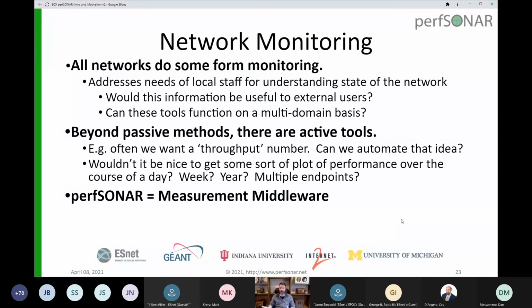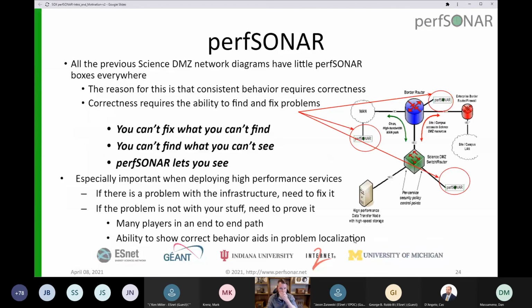Those kinds of things are data that would be really, really useful when you're trying to keep track of your network and all the pieces in between, and your network and the network on the other end that you're transferring to. And that's where Perfsonar comes in.